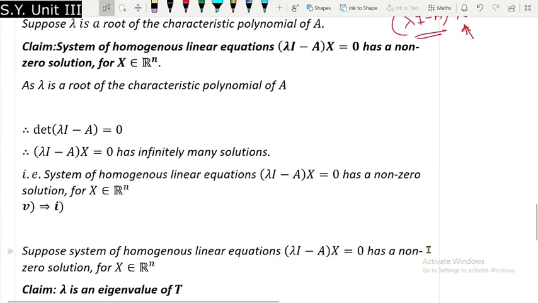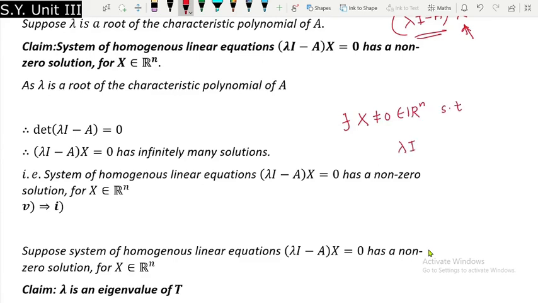Now since this system has a non-zero solution, what does it mean? It means that we will be able to find some non-zero vector belonging to R raised to n such that that vector is going to satisfy this system, right? This will imply that lambda Ix minus Ax will be equal to 0.